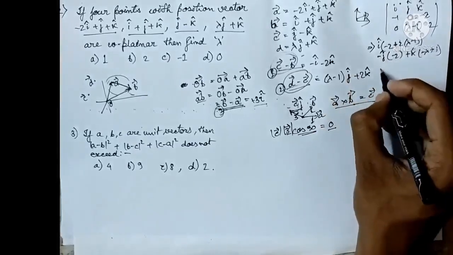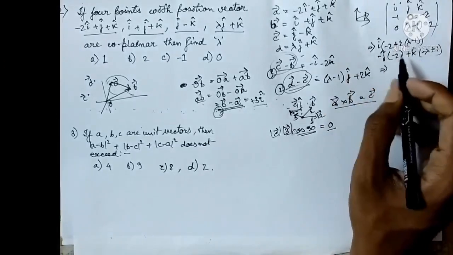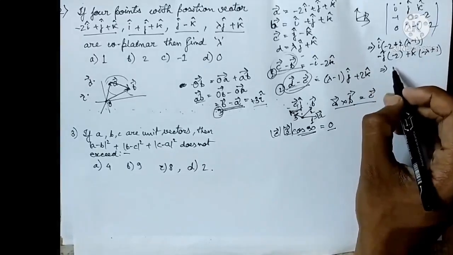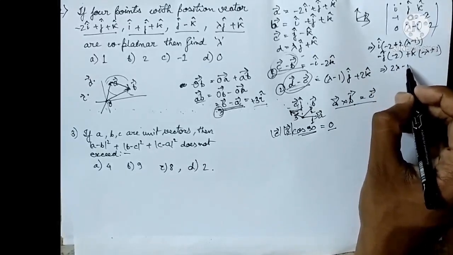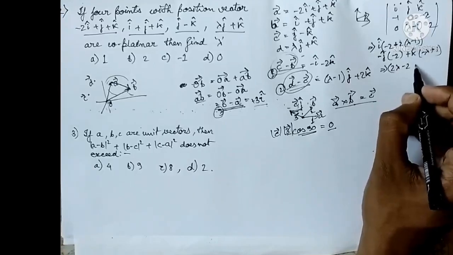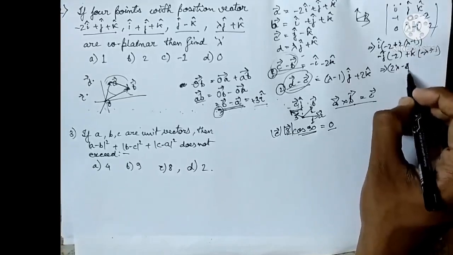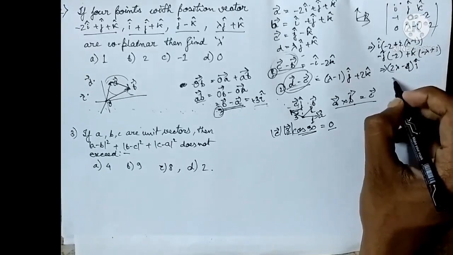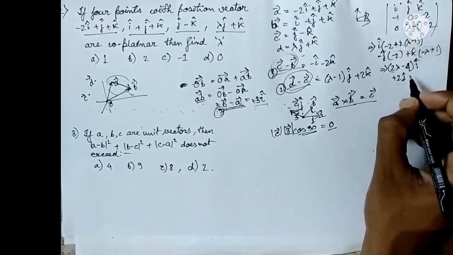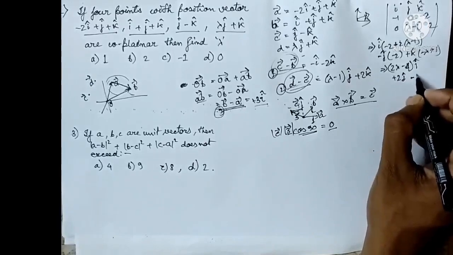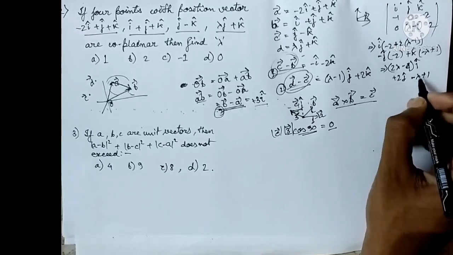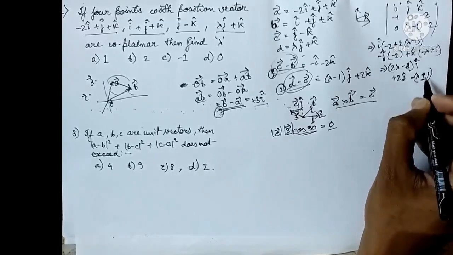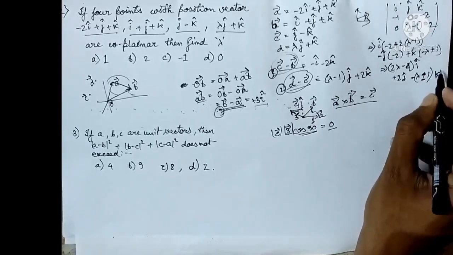So from here we get it, you must solve it by yourself, don't just copy it down. We get 2 lambda minus 2 minus 4, i cap, and plus 2 j cap, and minus lambda plus 1 minus lambda, and we are taking the minus common, k cap.